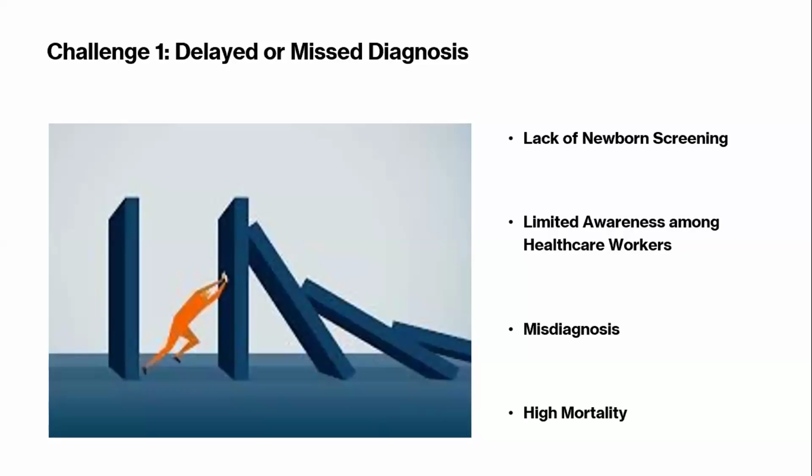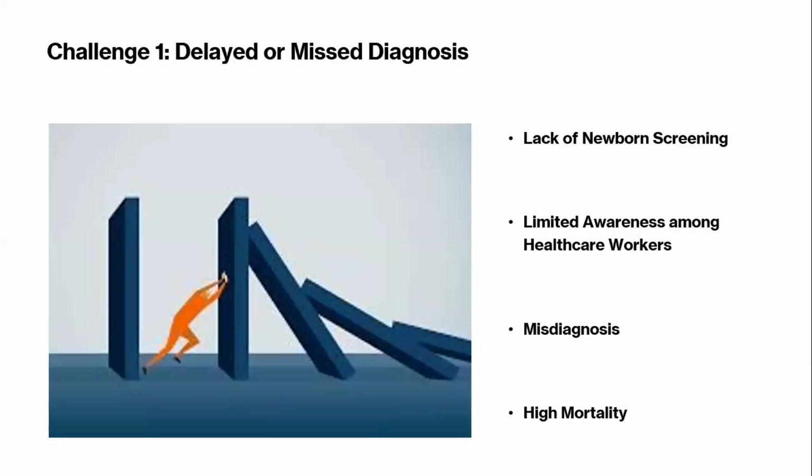They'll just go out of the hospital without any diagnosis. These things eventually come out maybe when a child is 3, 4, 5 years old, or sometimes at puberty, when some of the signs start to show. Because of the lack of screening and awareness, diagnosis becomes a challenge.